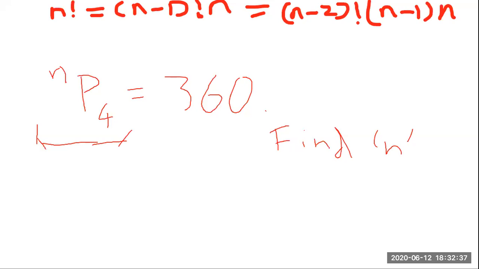Like I said, there's a trick involved. Don't expand, otherwise you'll get a quartic equation.